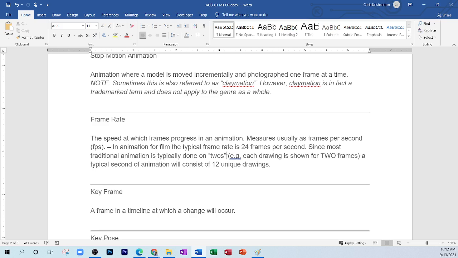So all they have to do for that 1 second at 24 frames per second is to draw 12 images, and they just raise the duration of each image to two frames. That way they are reducing their workload.